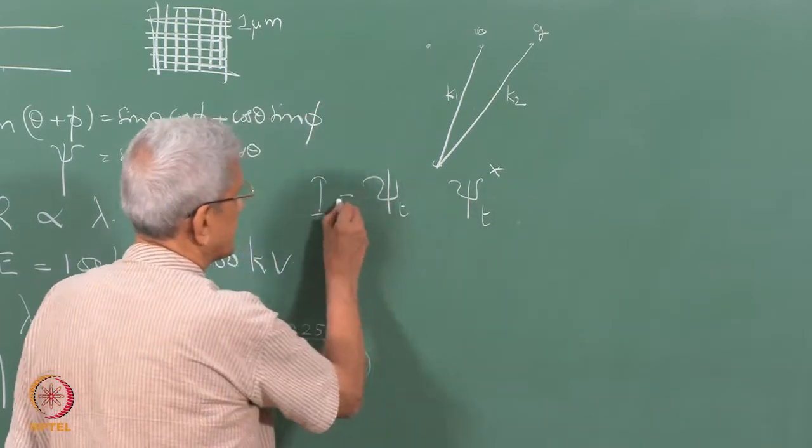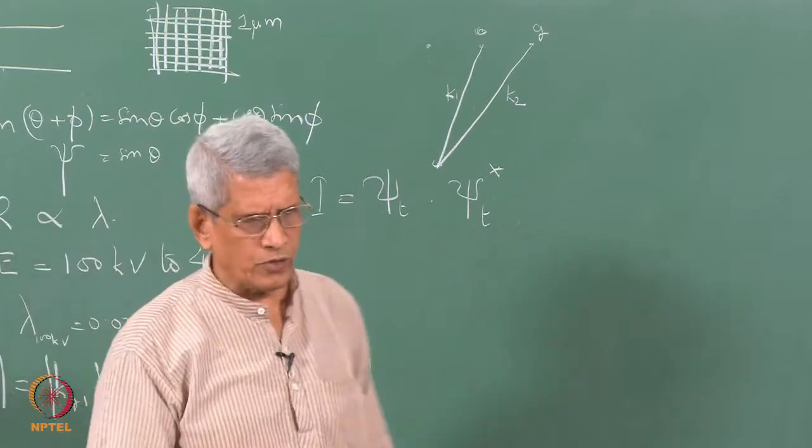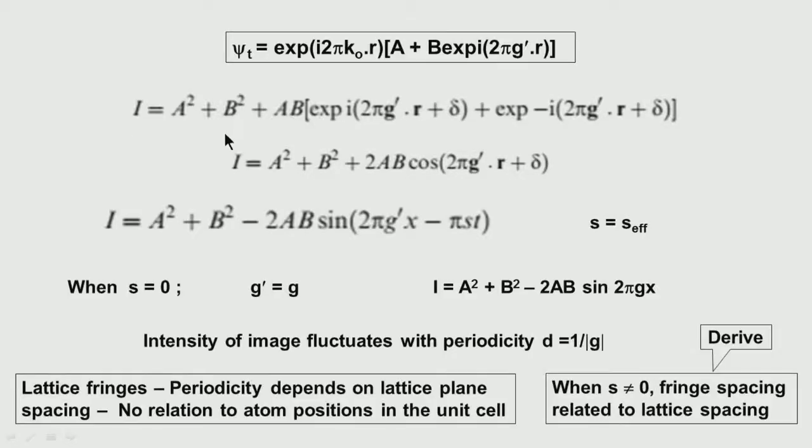Intensity I equals psi t into psi t star, that is what has been done. When you do the algebra, this turns out to be A squared plus B squared plus 2AB into cos 2 pi g dash dot r plus delta. This delta we have derived, we can substitute it, and then finally the expression turns out to be minus 2AB sin 2 pi g dash dot.